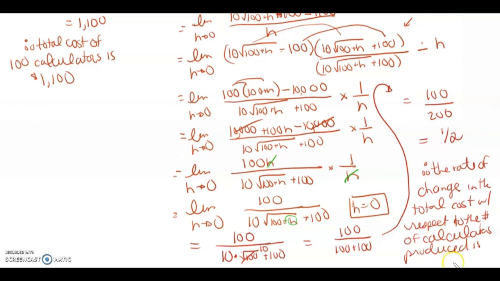This is going to be dollars per calculator. So let's put 50 cents per calculator. And then we have the rate on there, right? The dollar and then the calculator.